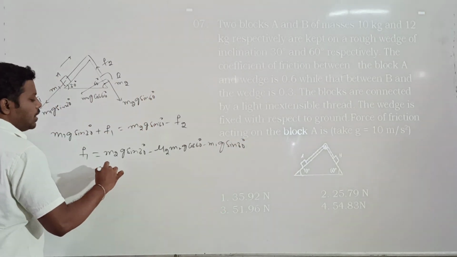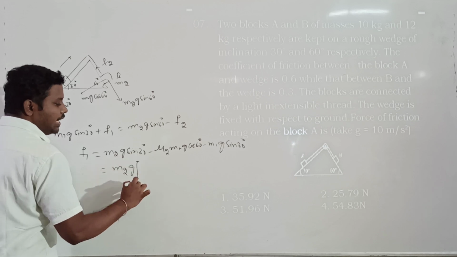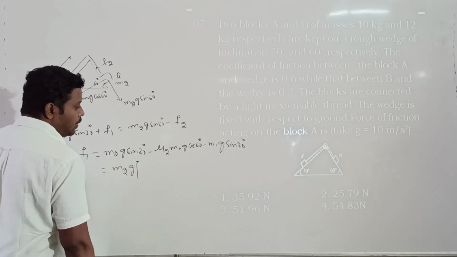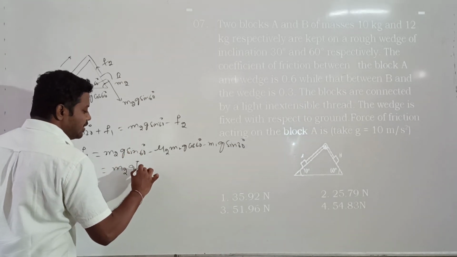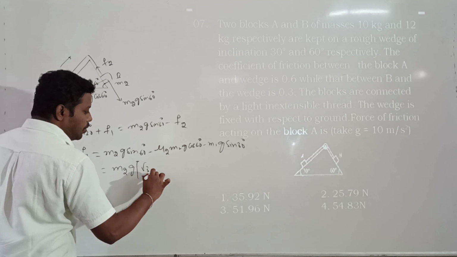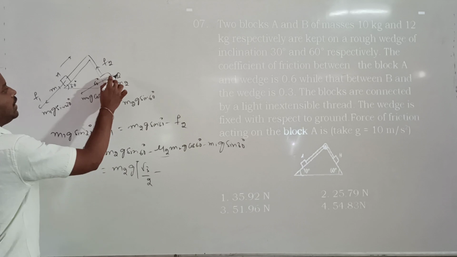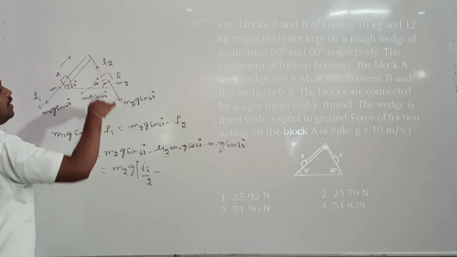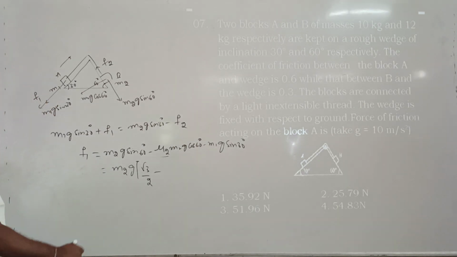Then I can take M2 into G common. So what is left? Sin 60 degrees, which is given by root 3 by 2, minus mu2. Mu2 is the coefficient of friction between the block B and the inclined plane, and that value is 0.3.